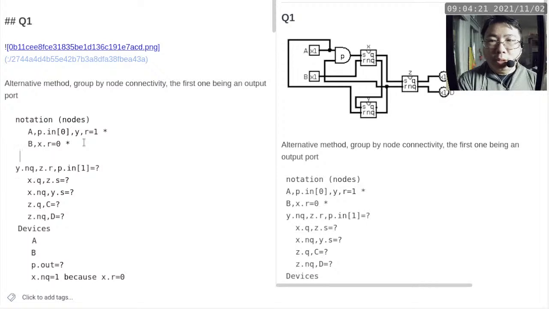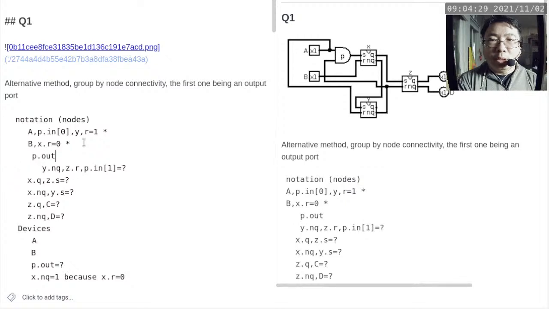There's a particular convention here that I'm using. Basically, I use p.out, whatever the output pin is, as the first item, and then whatever it connects to, which is going to be an input port, is the second thing here.